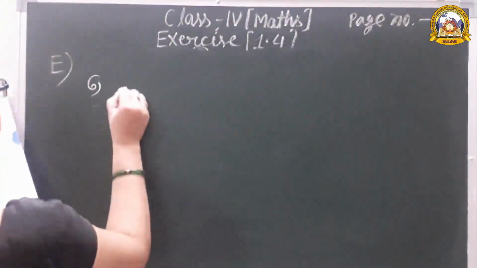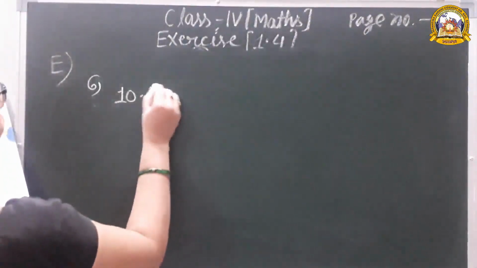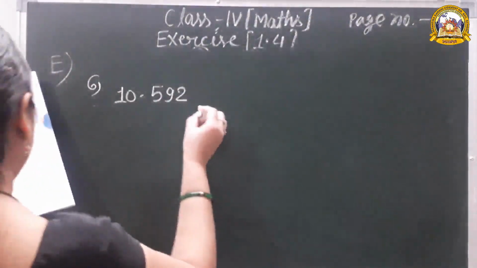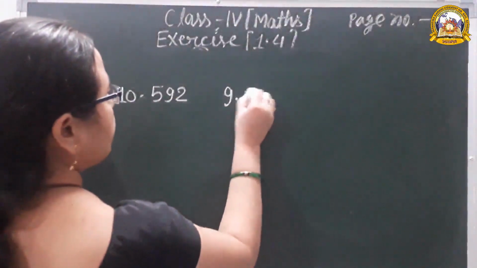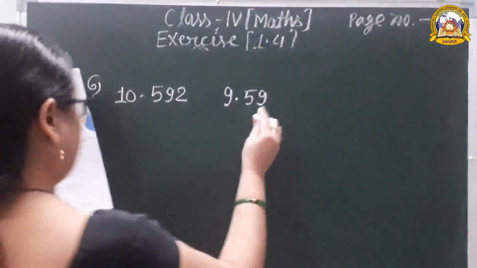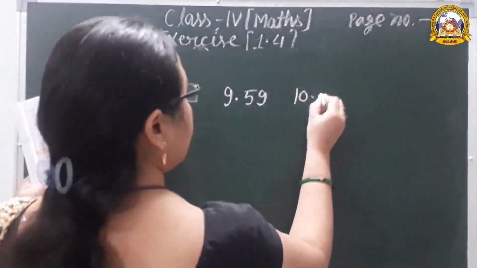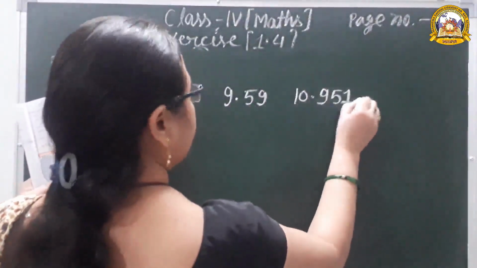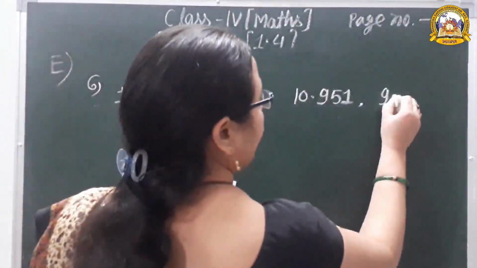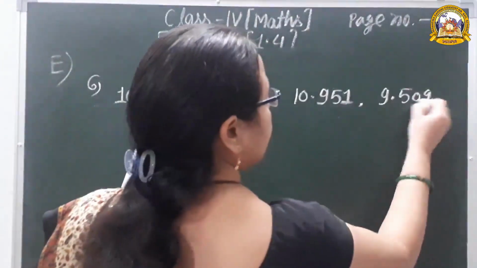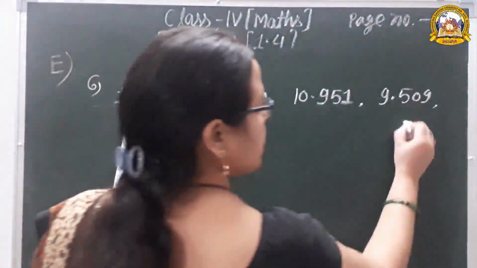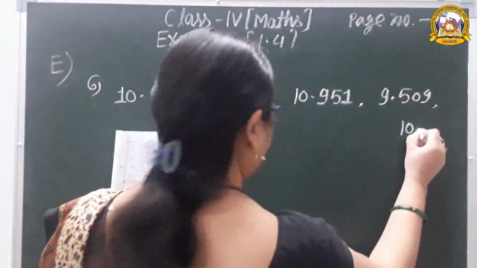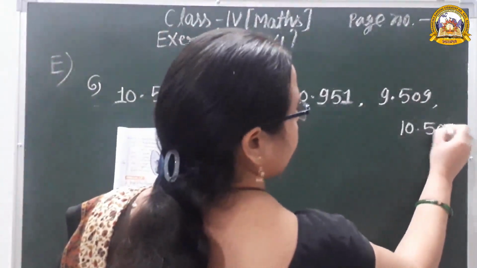Question number 6: 10.592, then 9.59, 10.951, 9.509 and the last number is 10.501.